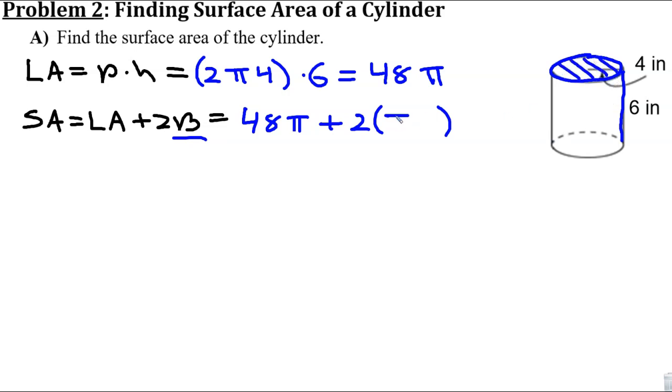So I'll go pi times radius squared, so pi times 4 squared. Again, I'll leave this calculation in terms of pi. I'll just go 48 plus 2 times 4 squared. That's giving me 80 pi. We'll just leave it in pi. We'll say 80 pi inches squared.